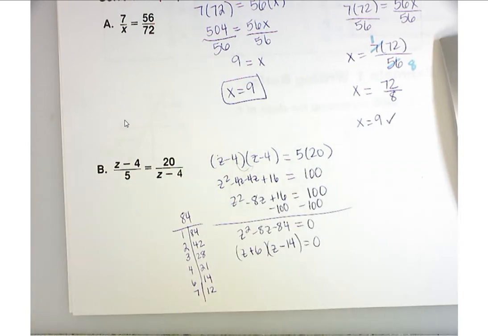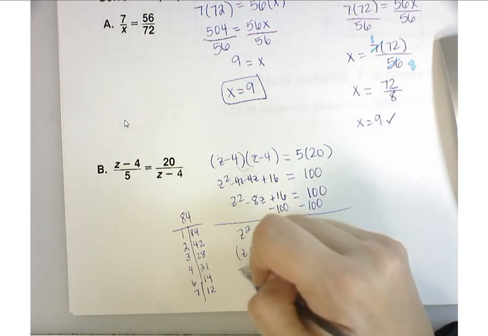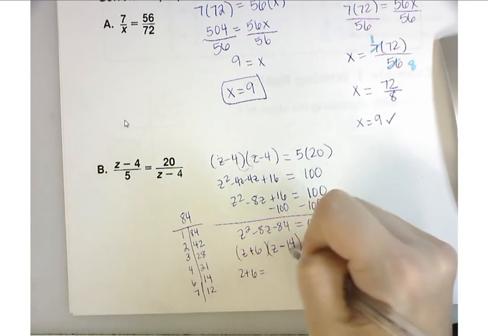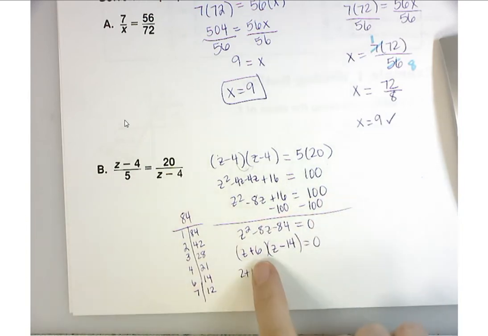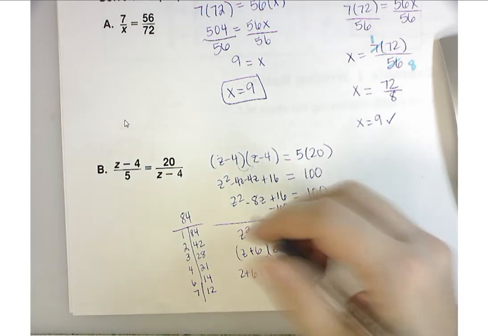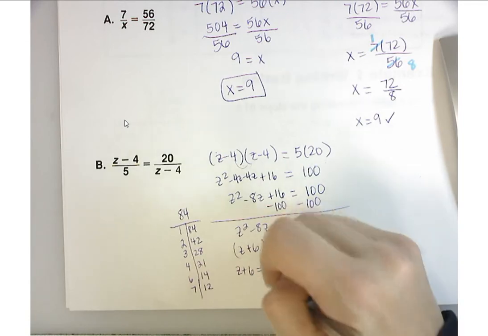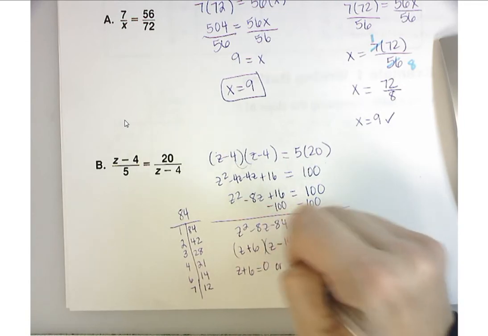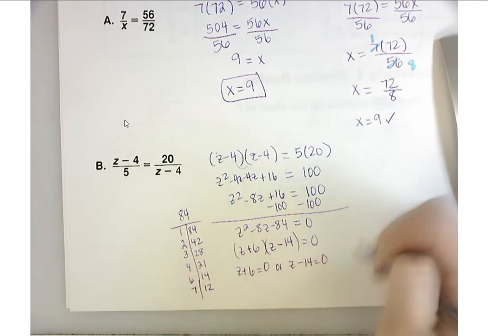Okay, and then if you have z plus 6 times z minus 14 equals 0, see how these are multiplied together? So if you multiply two numbers together and you get 0, what do you know about one of these two factors? One of them has to be 0. So it's either z plus 6 that has to be 0 or z minus 14 has to be 0.